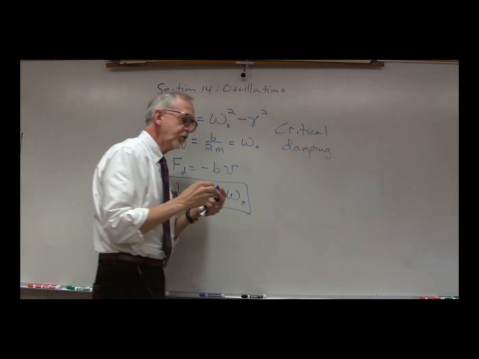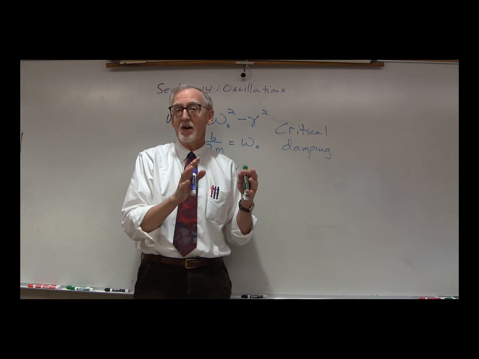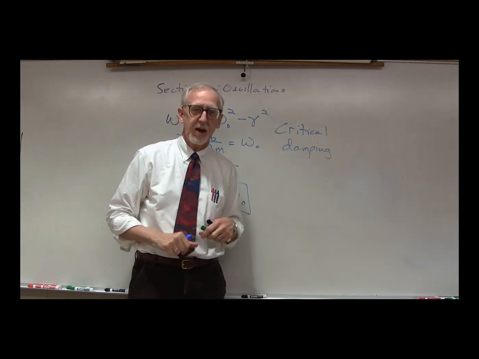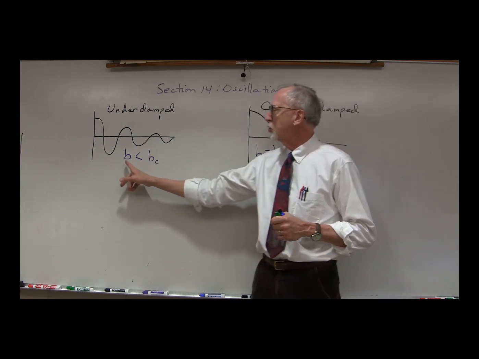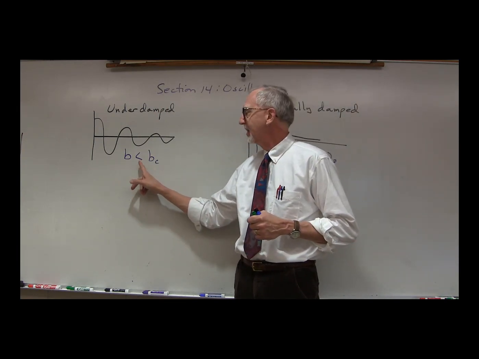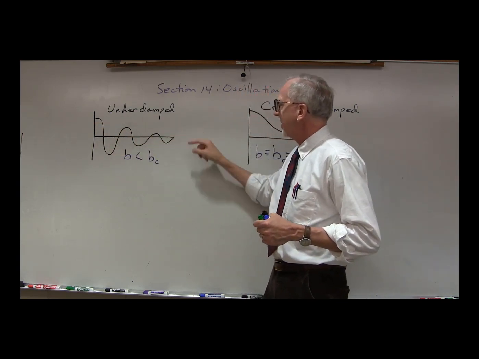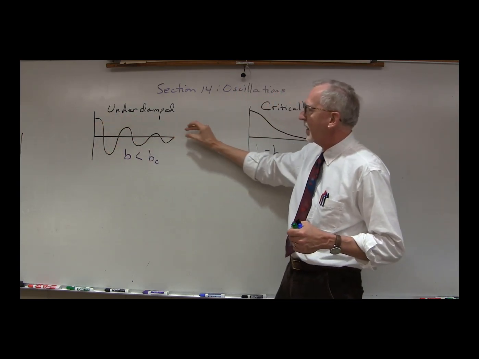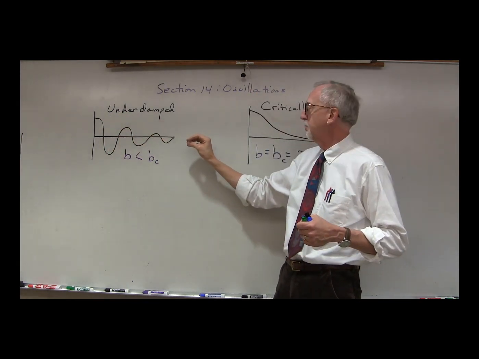So what kind of motion would that look like? Well, let's go back to our plot of the slightly damped oscillator and see what happens. When we have a small amount of damping, in other words, where the damping coefficient b is less than that critical value, we end up with an oscillator that oscillates, but the amplitude, as we've seen, gets smaller and smaller, decreasing exponentially, like e to the minus gamma t.